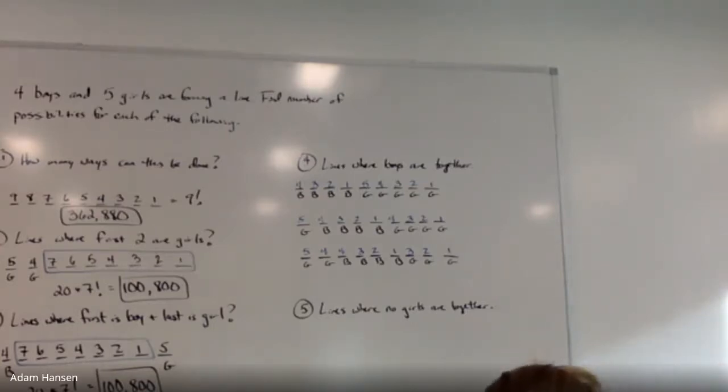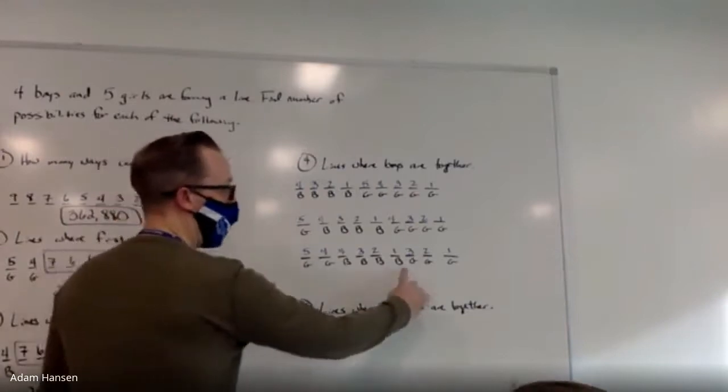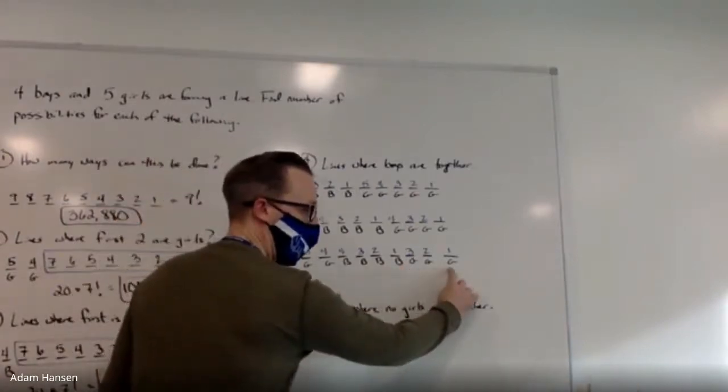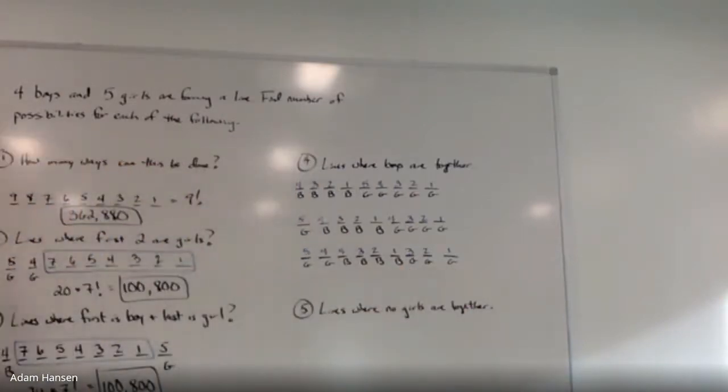How many different lines are going to be possible? You could write them all out, but maybe let's take a shortcut here. How many more different lines could I write? 3, right? Because it's going to take me 3 more lines to go from this boy all the way to the very end. So how many lines are in total?